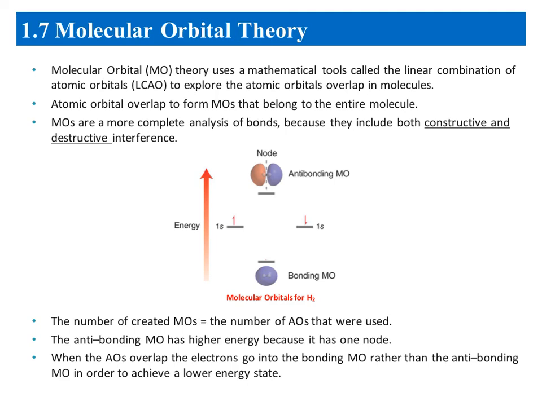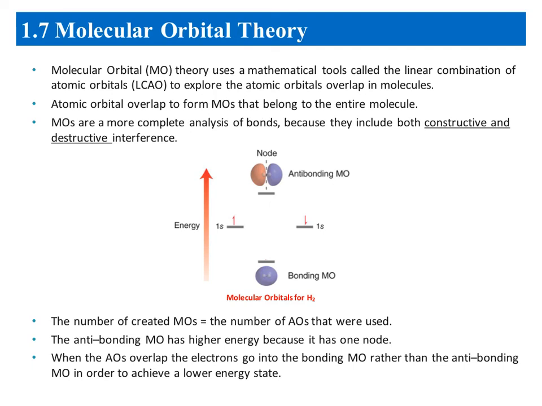The MO theory says that if these two atomic orbitals constructively interact with each other, they can make a molecular orbital that is lower in energy and therefore more stable, and we call that a bonding MO. However, if these two atomic orbitals interact with each other destructively, they can make a molecular orbital which is higher in energy, less stable, and we call that an anti-bonding MO.